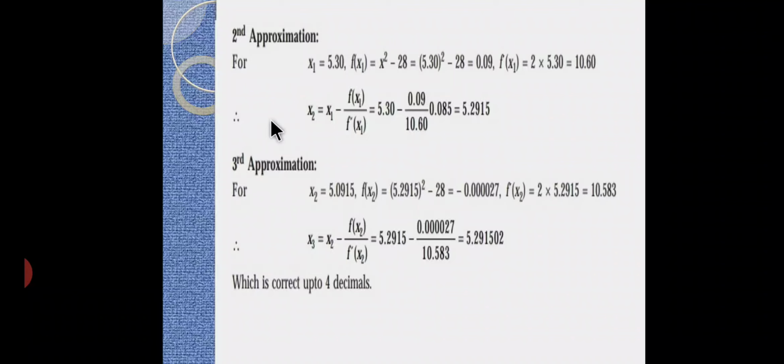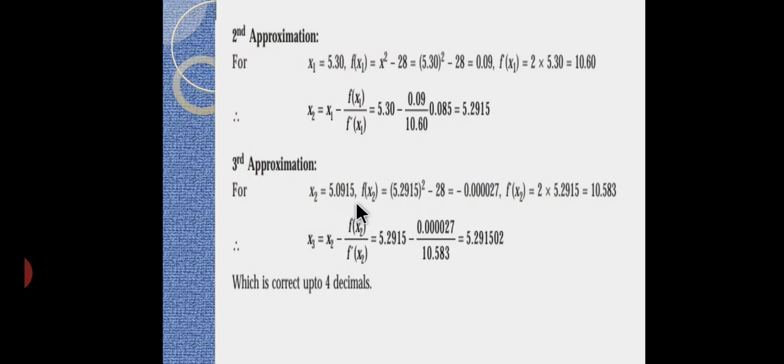When n is equal to 1, x2 is equal to x1 minus f of x1 by f dash of x1. So x1 is 5.3 minus 0.09 upon 10.60, that is equal to 5.2915.